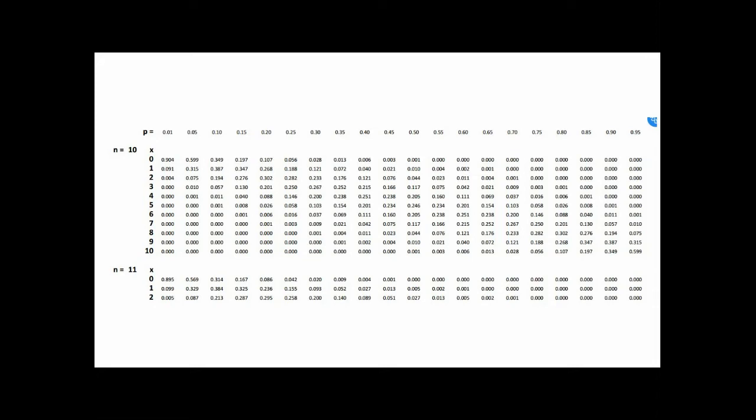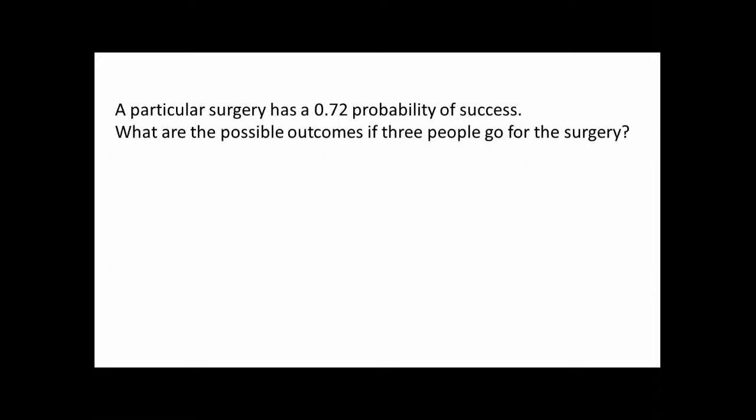Note, when doing a binomial probability experiment, you must also consider the possibility of 0 successes. For example, a particular surgery has a 0.72 probability of success. What are the possible outcomes if 3 people go for the surgery?